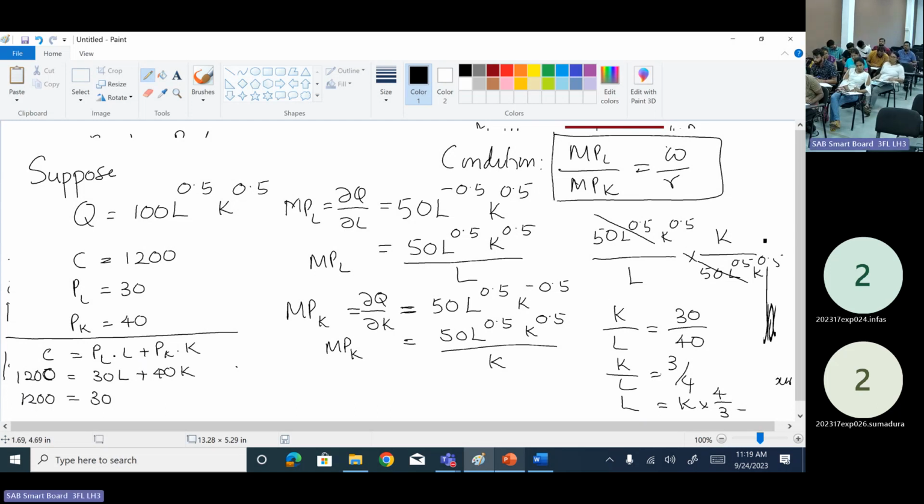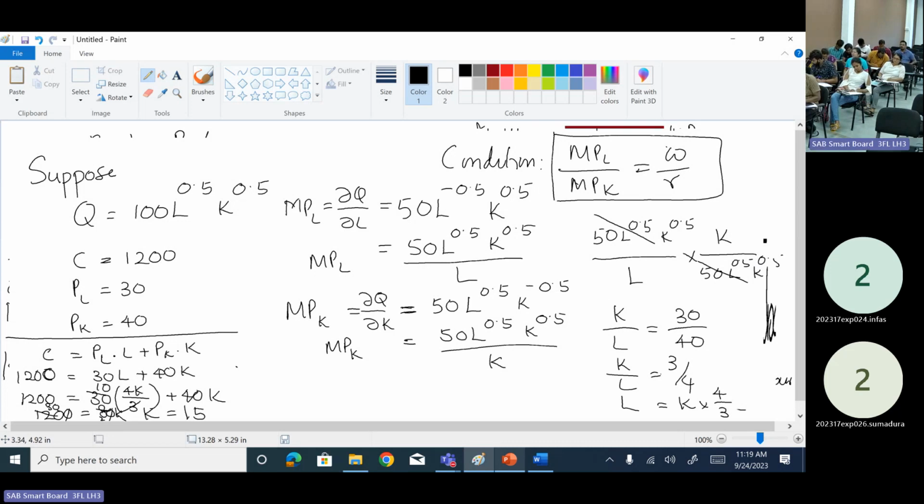30 into L is 30, 25. That means 1,200 means 80K. How much is the K? K equals 15, right?